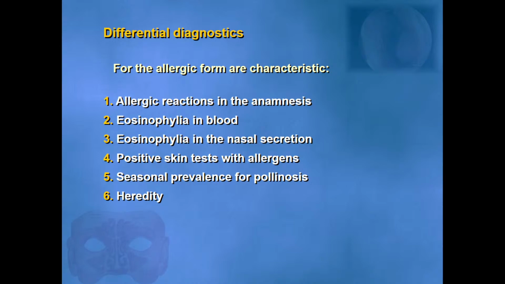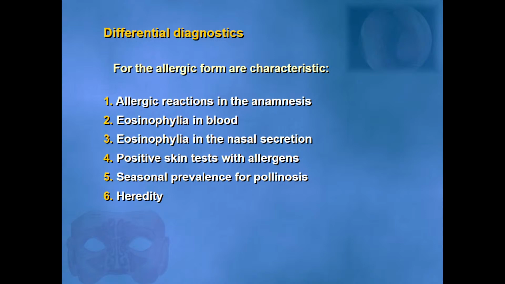So how to differentiate allergic rhinitis from other forms of rhinitis? Frankly speaking, it's not very difficult, especially in case of seasonal rhinitis, because the clinical and anamnestic data is quite clear. What can we find in the anamnesis? Some allergic reaction. Also, we may find eosinophilia in blood, eosinophilia in nasal secretion, and a positive skin test with allergens.